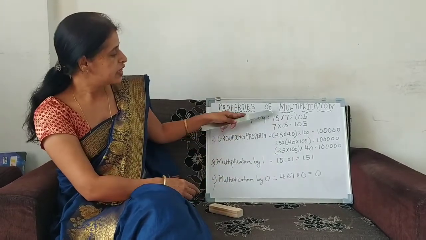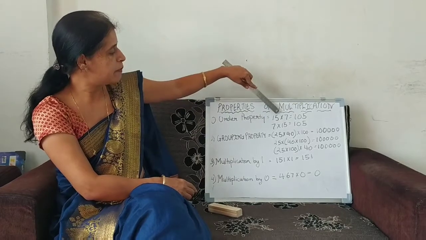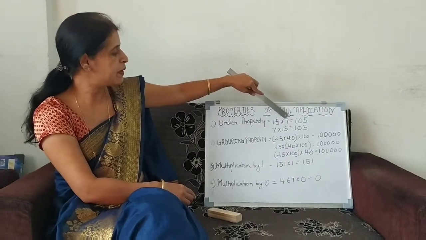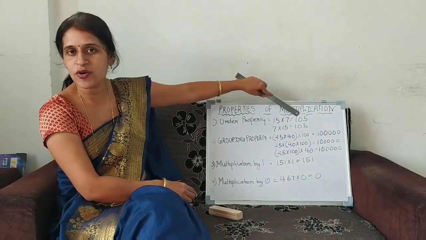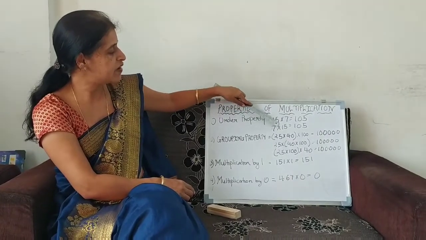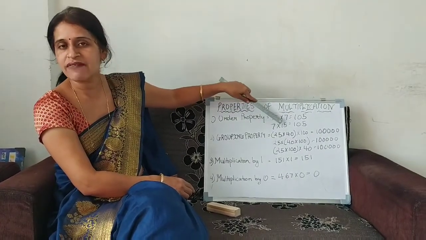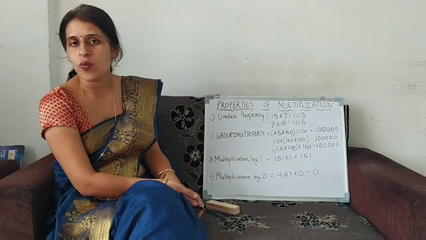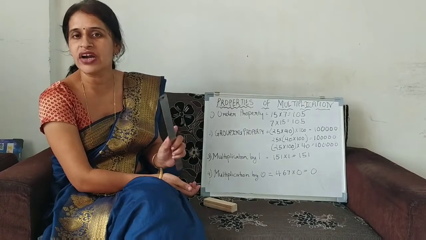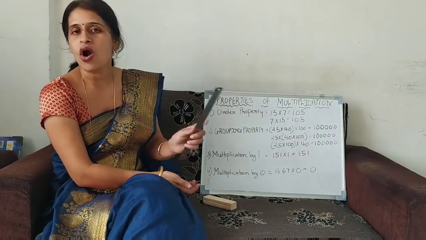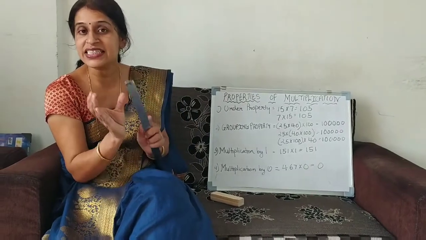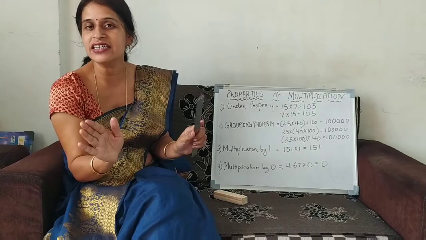See, in this example, we have the number 15 multiplied by 7. 15 multiplied by 7 is what? 105. Now, if I arrange the numbers this way, 7 into 15, 7 into 15 is also 105. It makes no difference how you arrange or order the numbers, but the answer, that is the product, always remains the same.